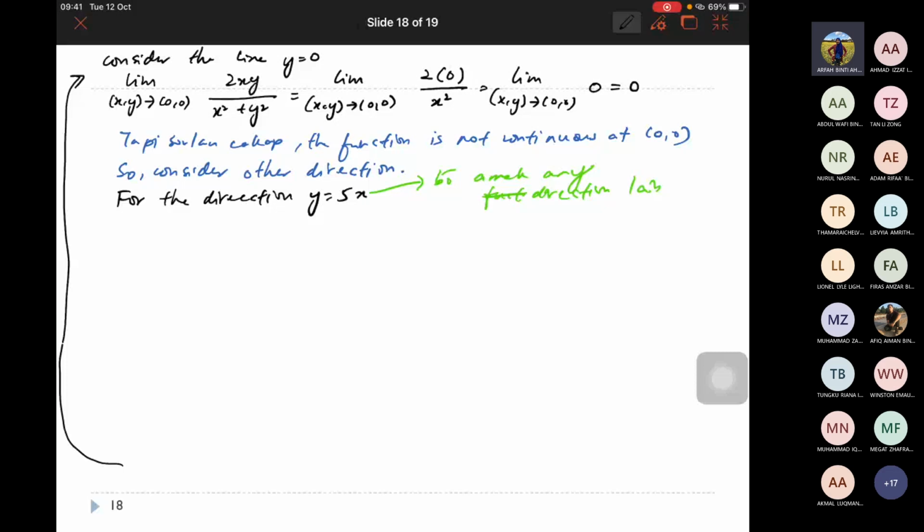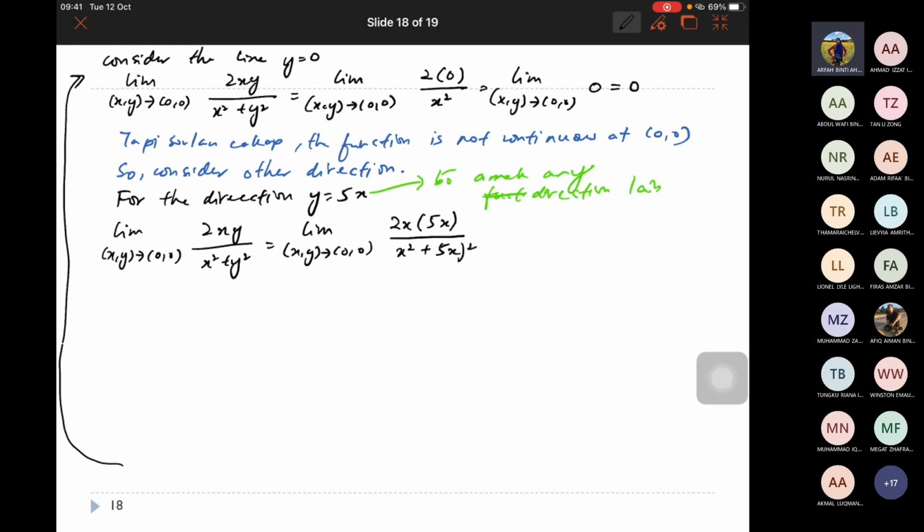So from here, the limit of xy approaches 0, 2xy over x squared plus y squared equal to the limit of xy approaches 0, 2x didarabkan dengan 5x divide by x kuasa 2 tambah 5x kuasa 2. Okay.